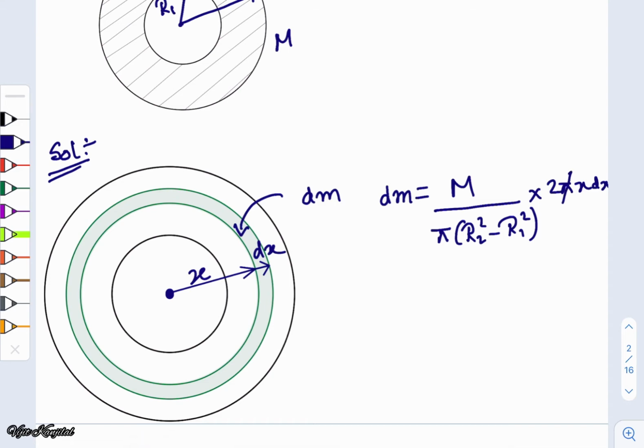So what do we get? We get it as 2m x dx by (r2 square minus r1 square).